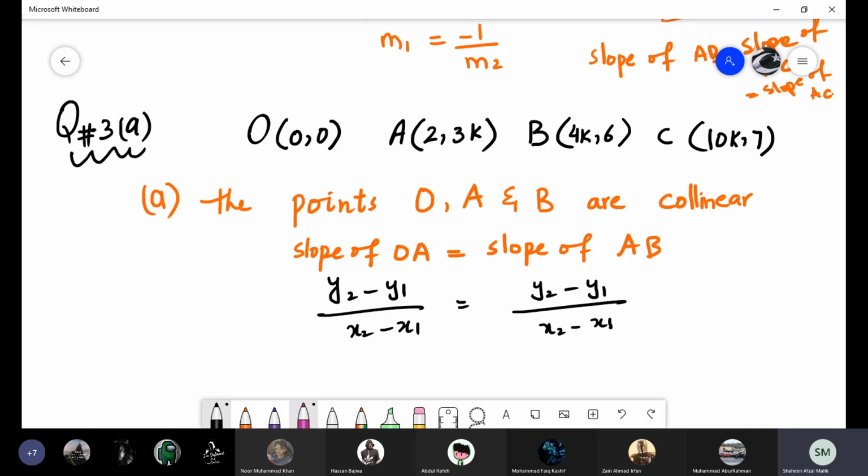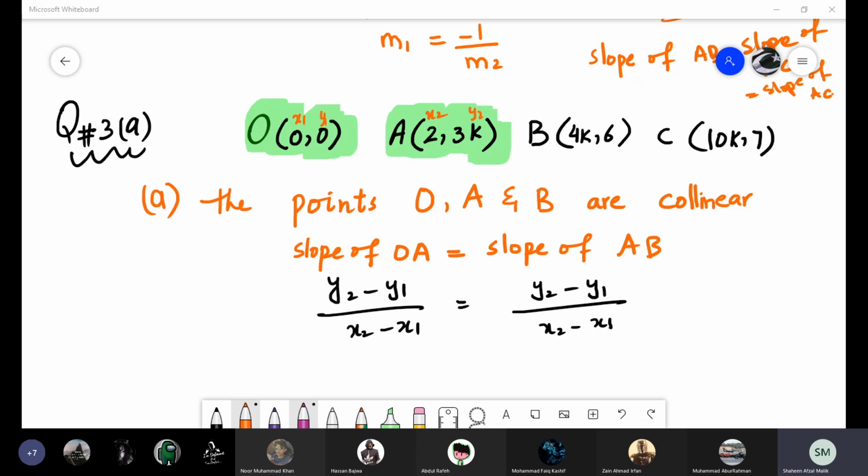So now we can just substitute the values. If we take the points O and A, in O and A we can say that this is x1, this is y1, this is x2, this is y2. So I can call any one of you.